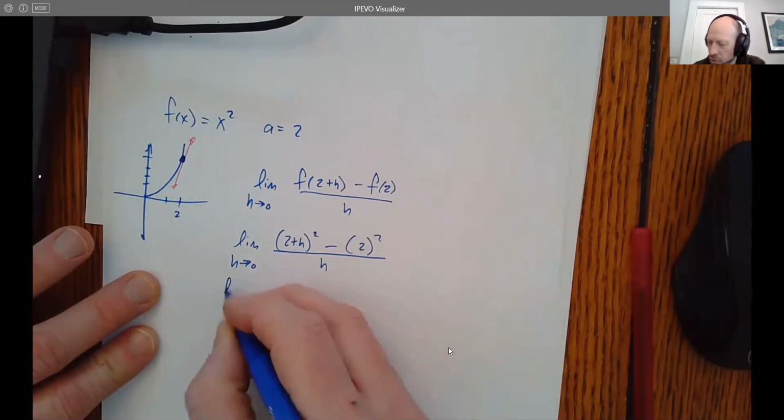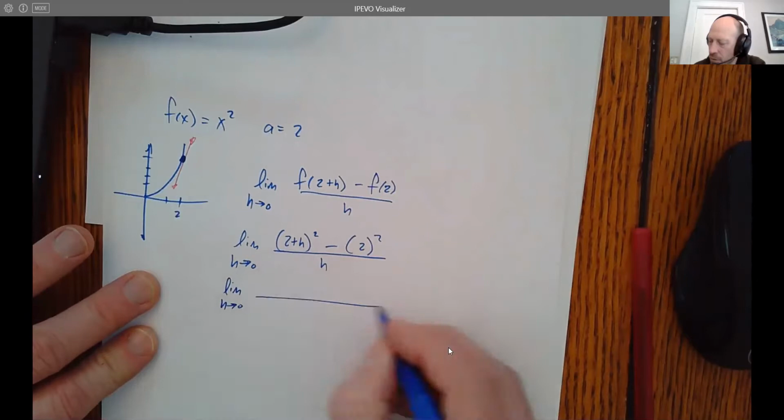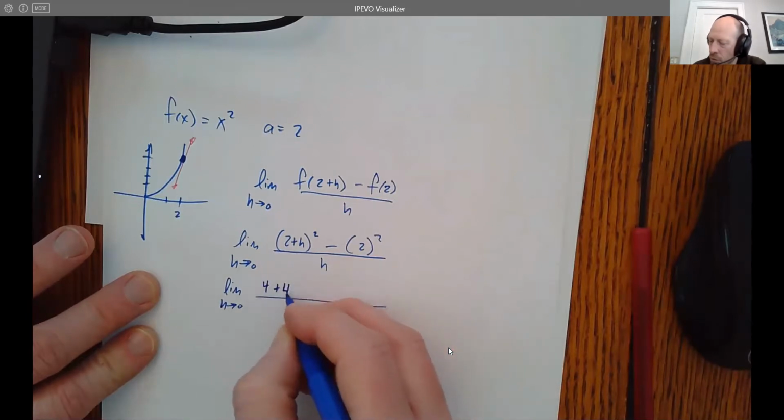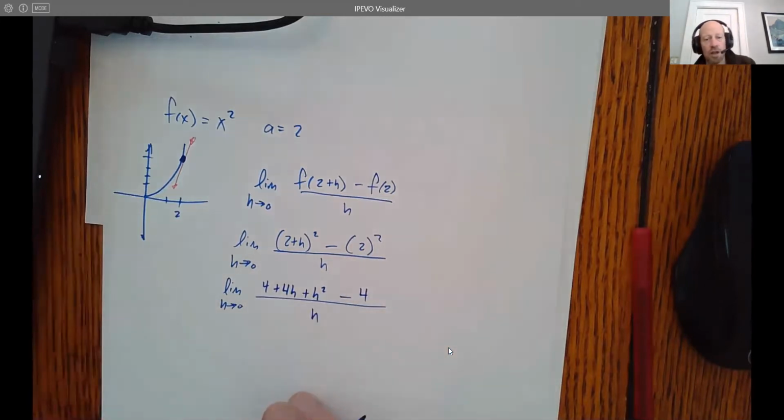So just some algebra here. Remember to FOIL that out. Two squared is 4, all over h.